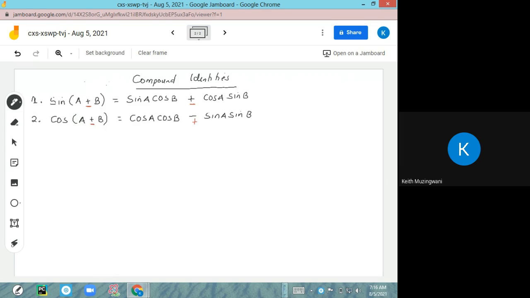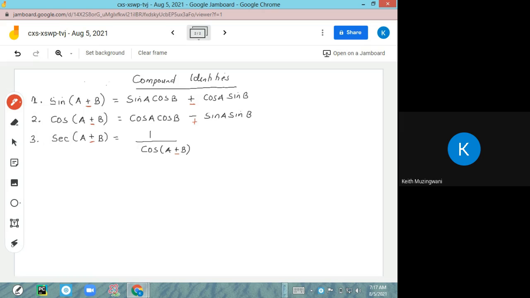And then 3, sec A plus B. This one, sec is 1 over cosine. So you deal with cosine A plus B in the denominator, so that if you are dealing with minus here, there will be minus there too.